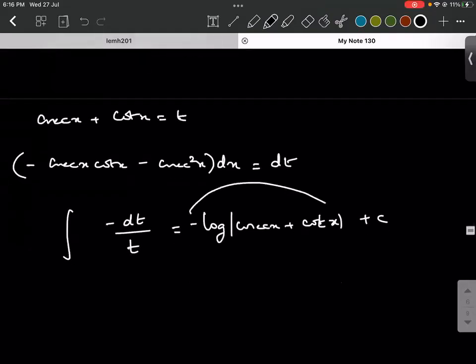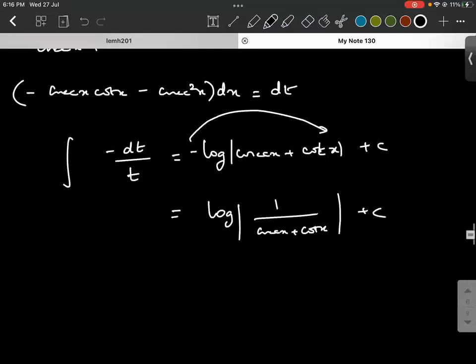But I can take the minus inside as log of 1 by cosecant x plus cot x plus c. Can I do this? Right? Now what am I supposed to do to the numerator and denominator? I will rationalize. Because if I rationalize, I know cosecant square theta minus cot square theta is 1.